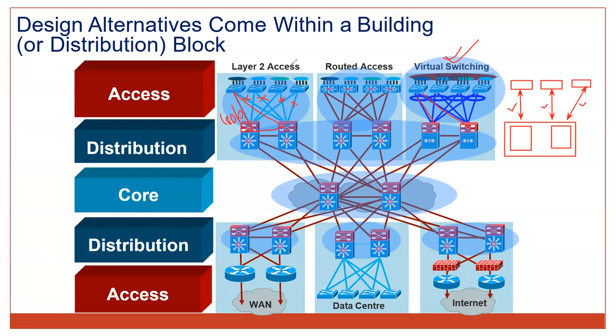So that's how the design got evolved. From here, it got evolved to this. And now if you see the new design, we are also preferring this routed access, because in that case, you have ECMP. Here, if you look at this particular design, when you have the EtherChannel between the links, it depends upon the load balancing method you are using.